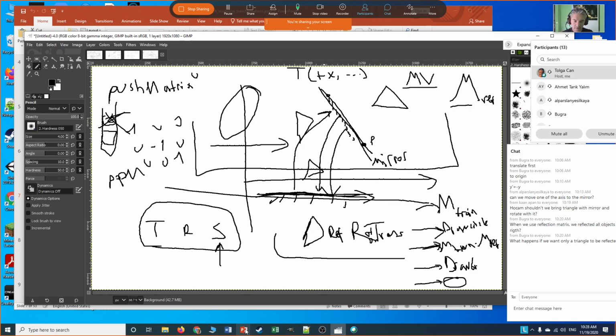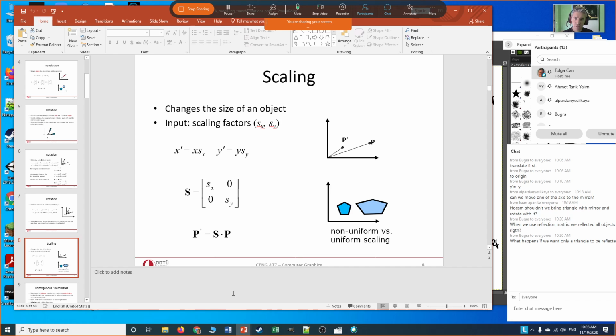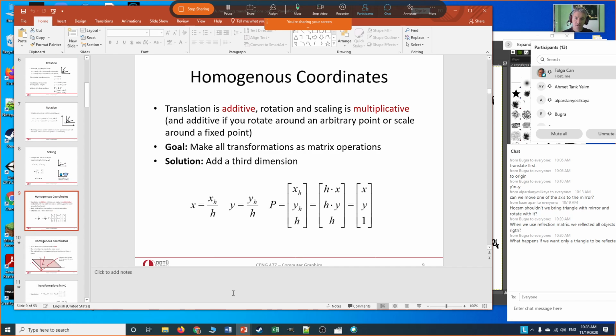All right, so let's see what we have on the slides, and then we're going to have a break. I think we have covered all the modeling transformations. We have talked about scaling. I've talked about homogeneous coordinates, where we have the additional coordinate, and it also has a meaning. If it's something other than 1, the actual coordinates are found by dividing the coordinates by the last entry.